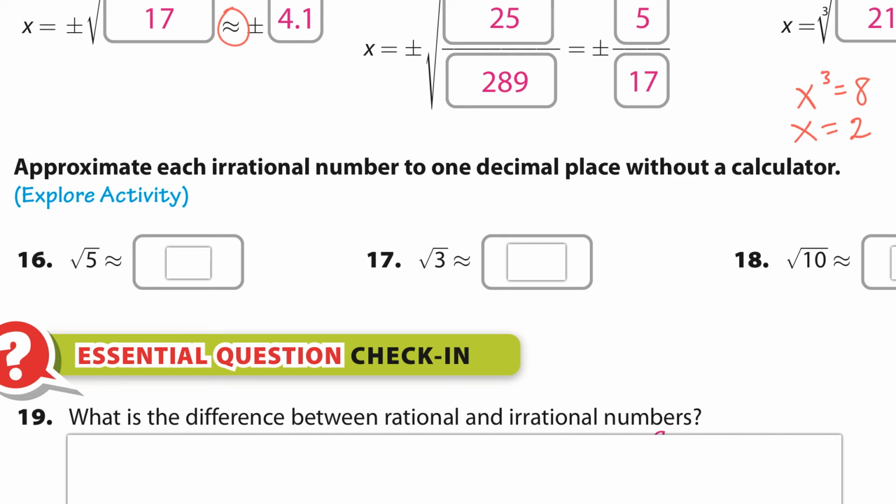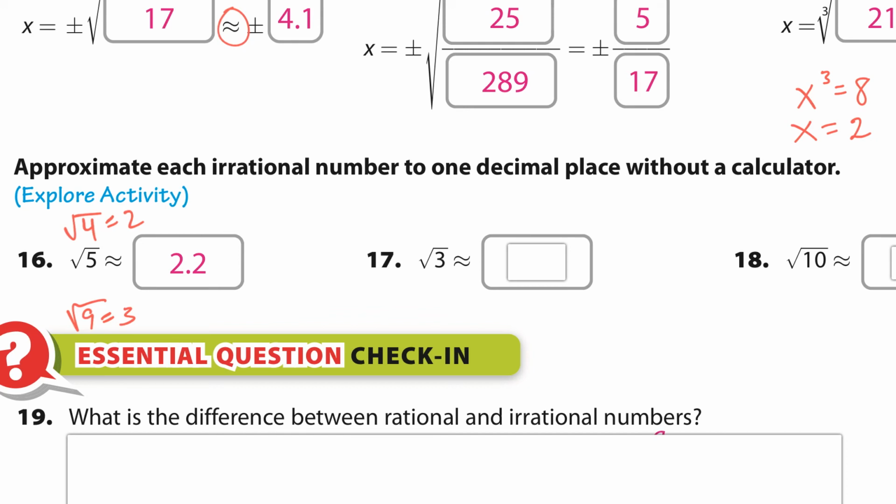So square root of 5, let's see. Just under that is the square root of 4, which I know is 2. And then the other one is the square root of 9, which is 3. And it looks like it's pretty close to 2, so I'm going to call this 2.1 or 2.2, something like that. And it's 2.2. Okay, the square root of 3.